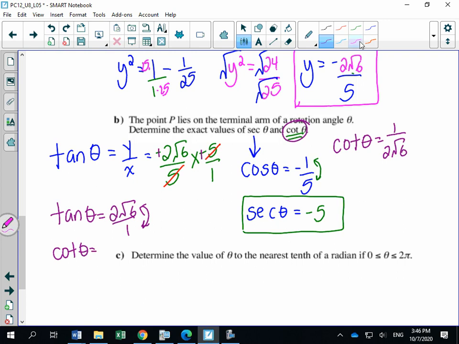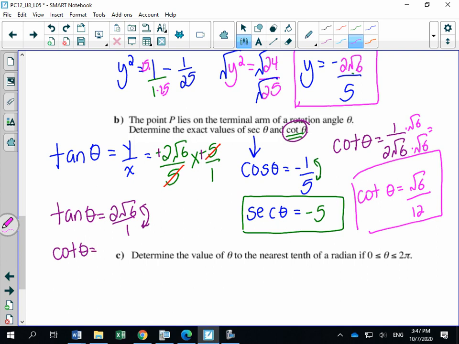And then we've got to get rid of that root 6. So we need to multiply numerator and denominator by root 6. And what we would get is the cotan of theta is equal to root 6 over 2 times 6, which is 12. And that would be your answer for what the cotan of theta is.